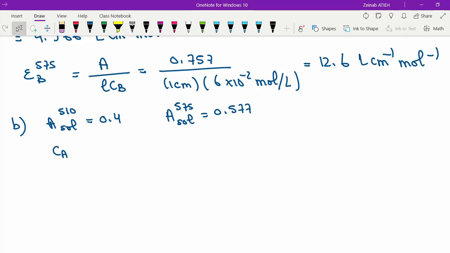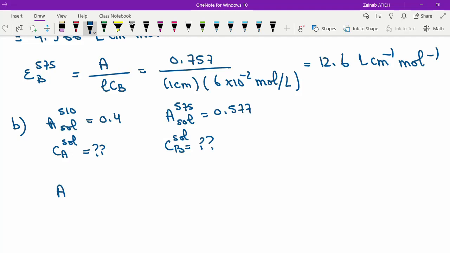We're going to find the concentration of A in the solution and the concentration of B in the same solution. We have two unknowns. We have to search for two formulas. We have to make benefit from the previous part. The solution contains two salts, A and B. So its absorbance is the sum of the absorbance of the first salt plus the absorbance of the second salt. So we can write it like this.